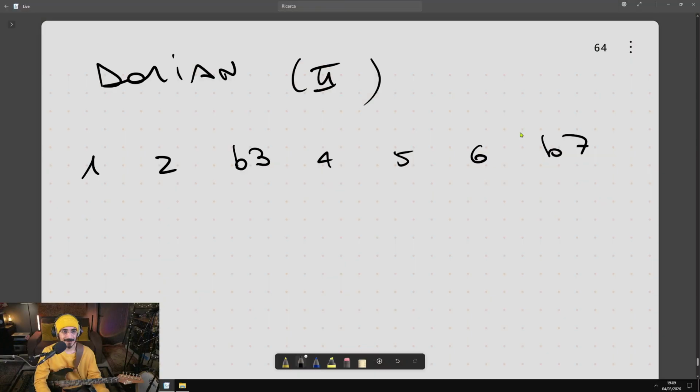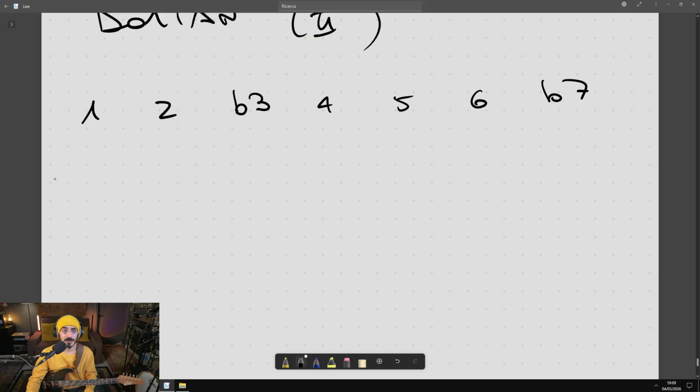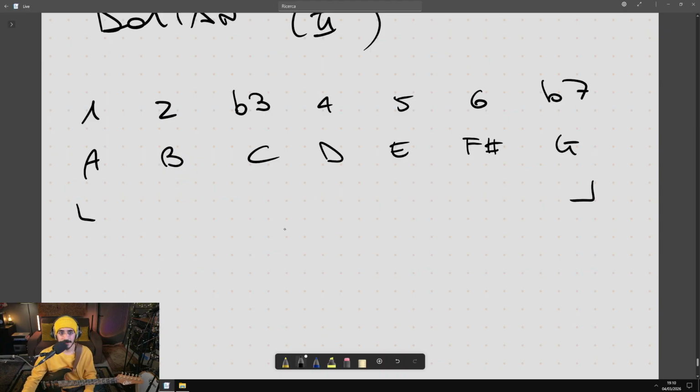So if we make an example in A Dorian, we will have these notes: A, B, C, D, E, F sharp, and G. Okay? Now, we can easily understand that these are the notes of G major scale, and this is because A minor is the second degree of G major, just like the Dorian mode is the second mode of the major scale.